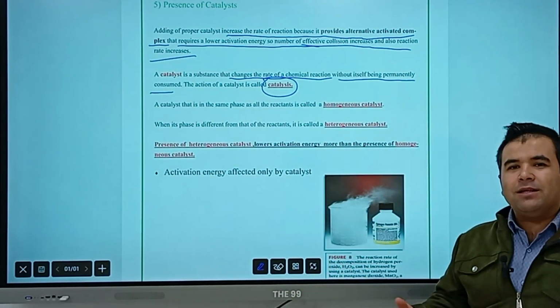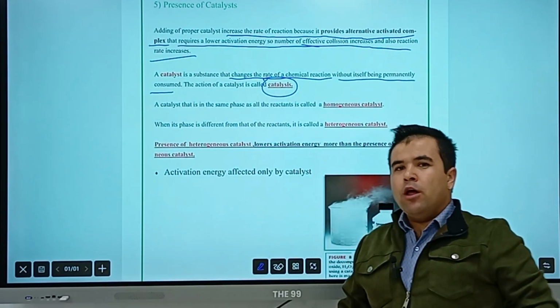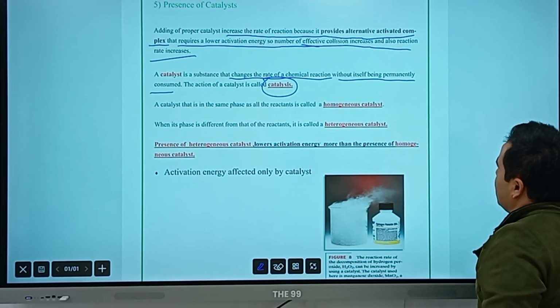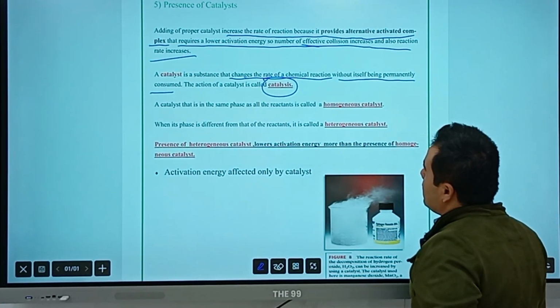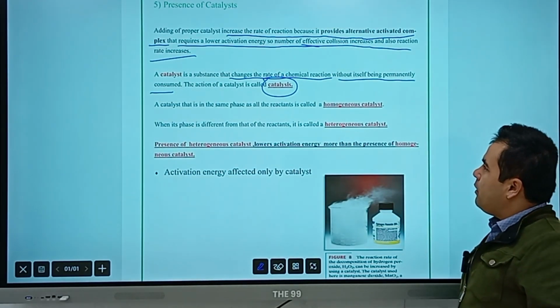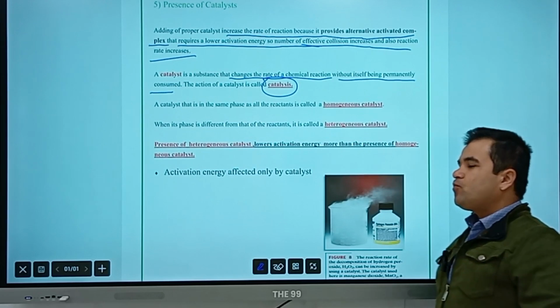So the presence of a catalyst increases the reaction rate through increasing the collision frequency, and there will be effective collisions between the particles. That's why there will be an increase in the rate of the reaction.